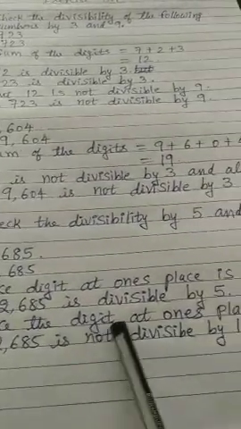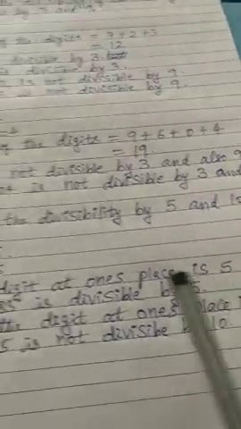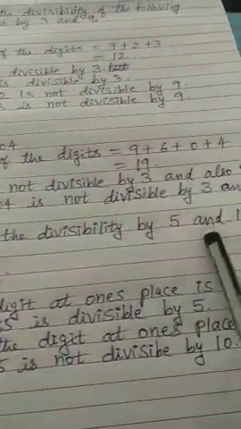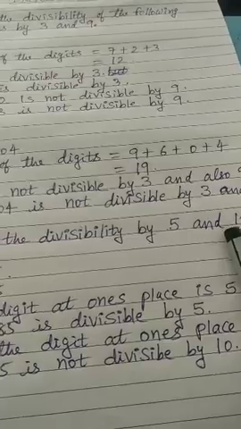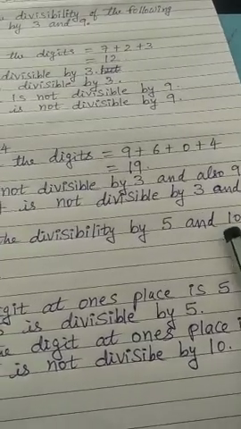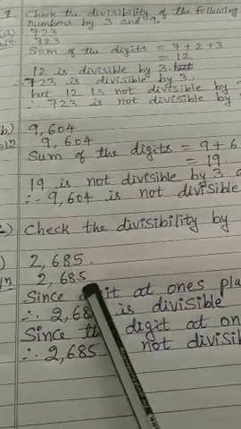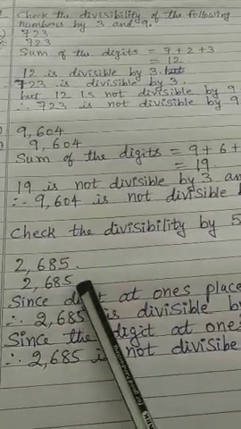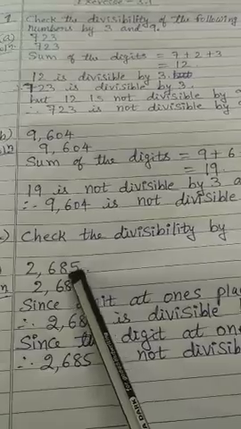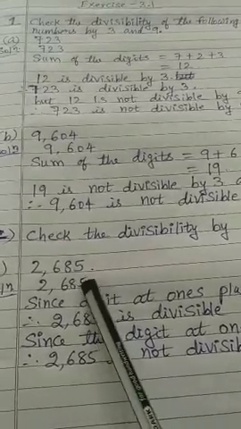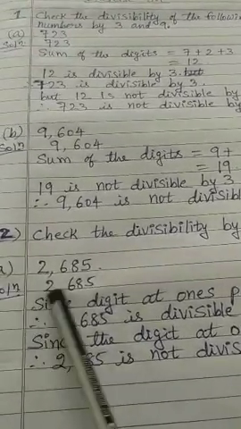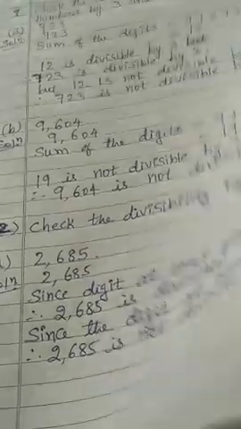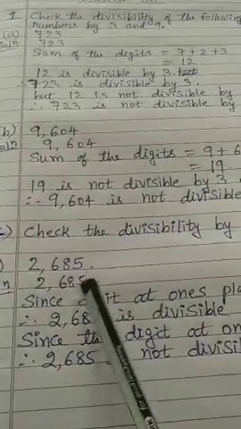But since the digit at ones place is not 0, for 10 the last digit must be 0 compulsory. Then only the given number is divisible by 10. So the digit in ones place is not 0, so this number is not divisible by 10. Only it is divisible by 5.